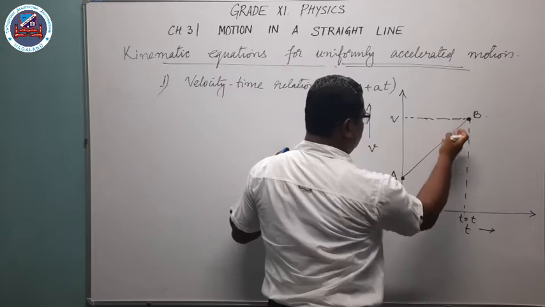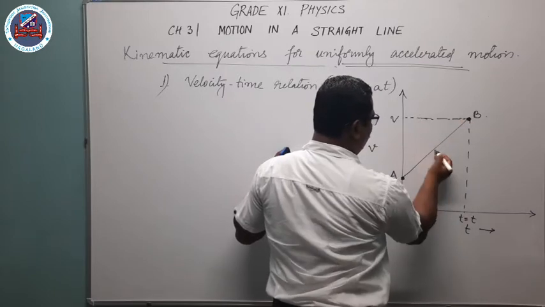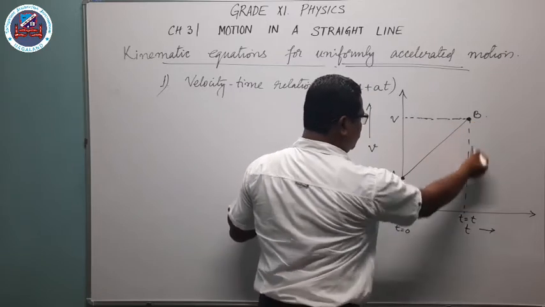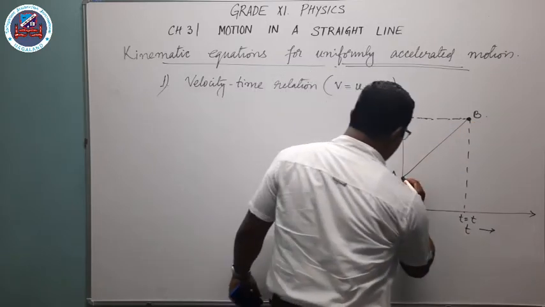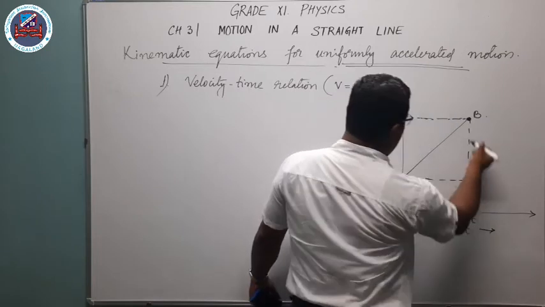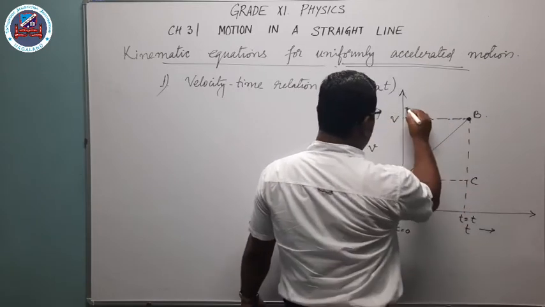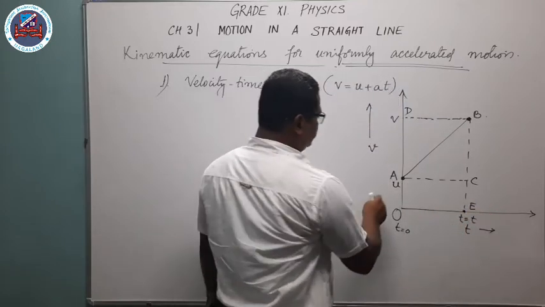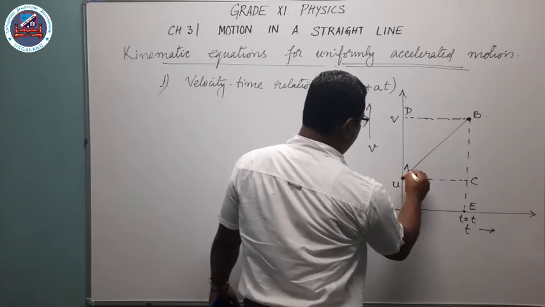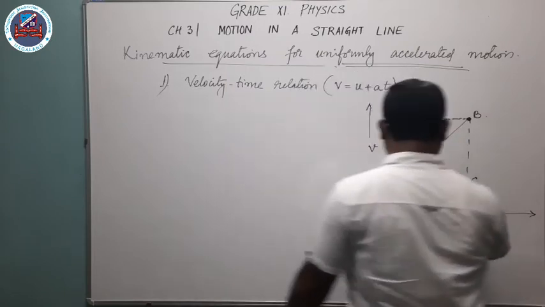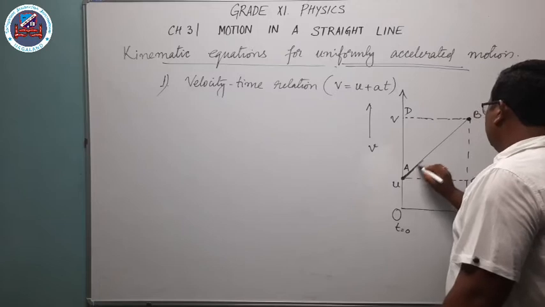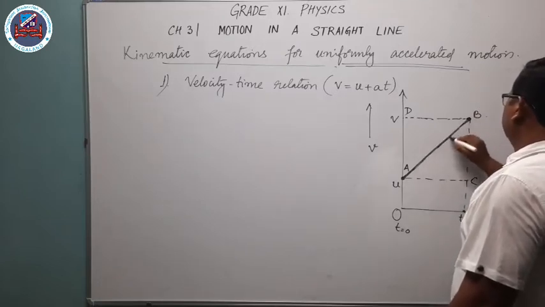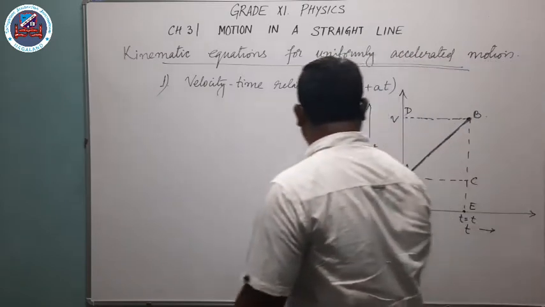If I start the graph from here, I can take only from the topmost point. You can draw the perpendicular, and from A again you can draw one perpendicular. Let us mark this as C, this one as D, and this point as E, so that it will be comfortable for us. AB is the graph, the velocity time graph for uniformly accelerated motion.